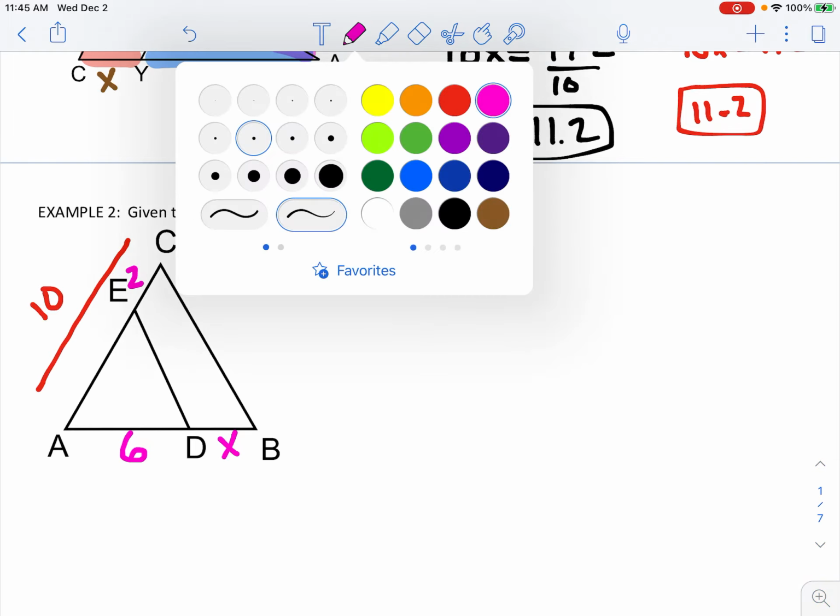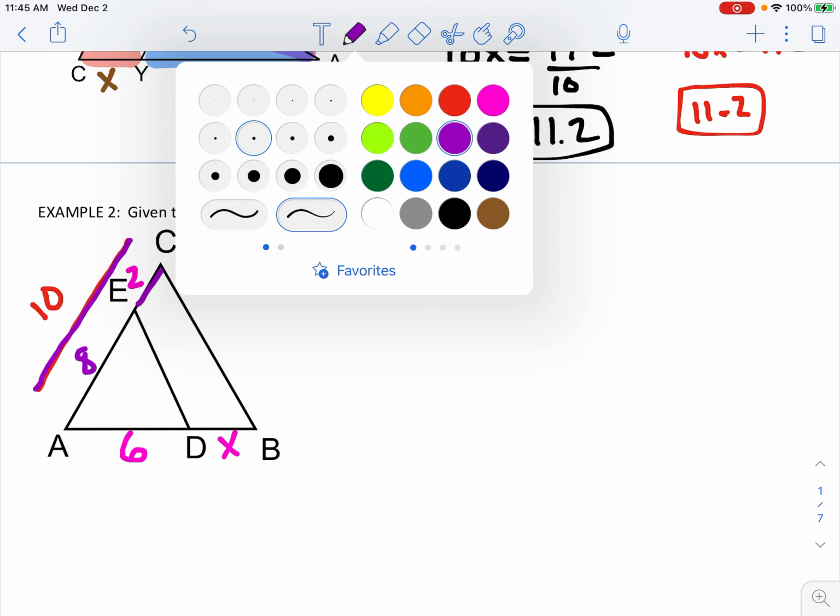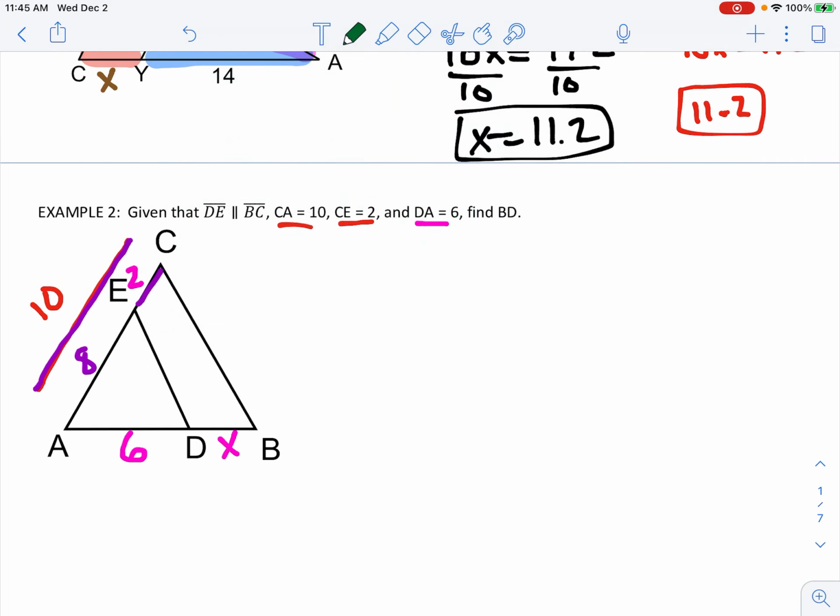Now, you'll notice this left side told us the whole thing was 10. Well, if I know this piece is 2, then 10 minus 2 tells me this part of the line was 8. Now, the whole thing we want to do here is stay with a pattern. As long as I stay with a pattern when I set up my two fractions, then I'll be fine when I go to solve.